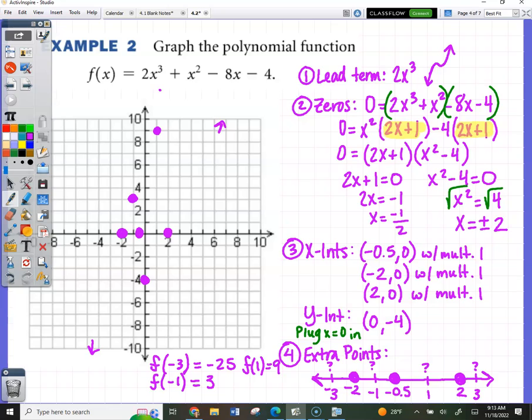And then the last one shoots off the grid. You plug 3 in, you get 35. So now we've got to piece it together.